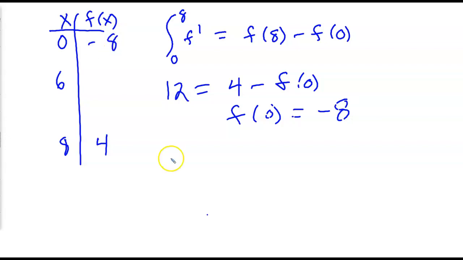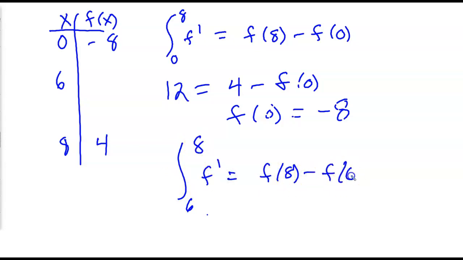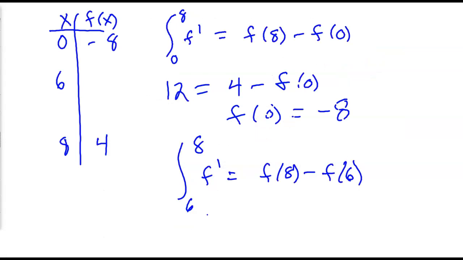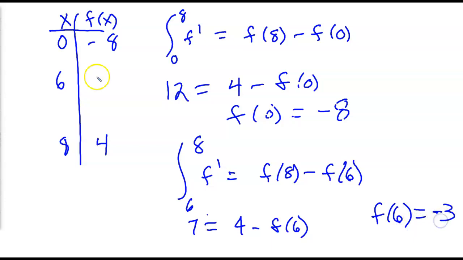Now to figure out f of 6, it's going to be the integral from 6 to 8 of f prime, which is f of 8 minus f of 6. So this area from 6 to 8 is simply 7. F of 8 was given to us as 4 minus f of 6. And again, if I solve for f of 6 here, I'm going to get negative 3.